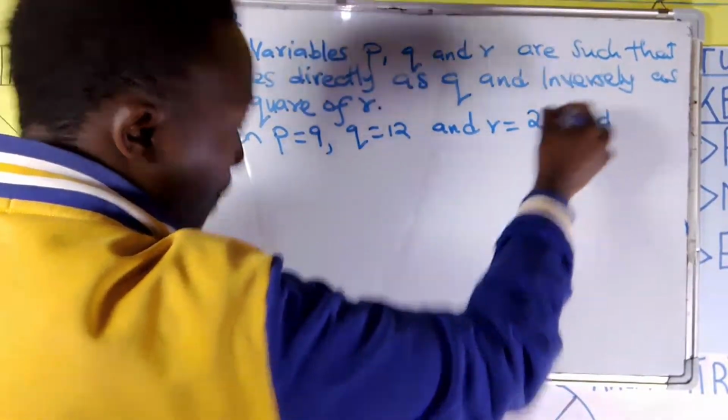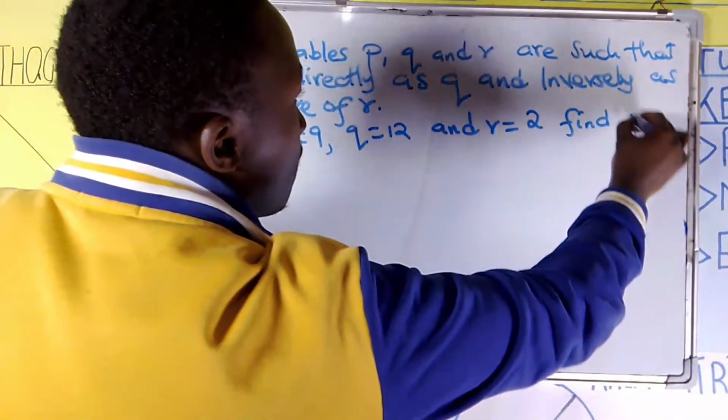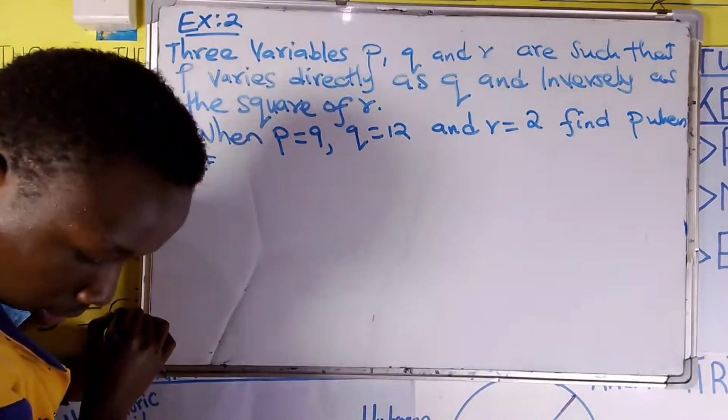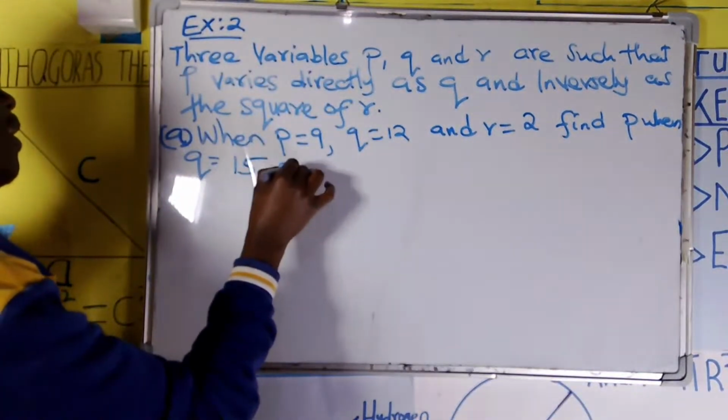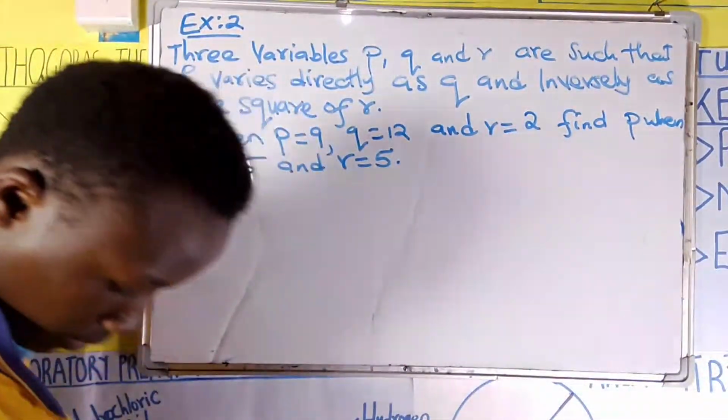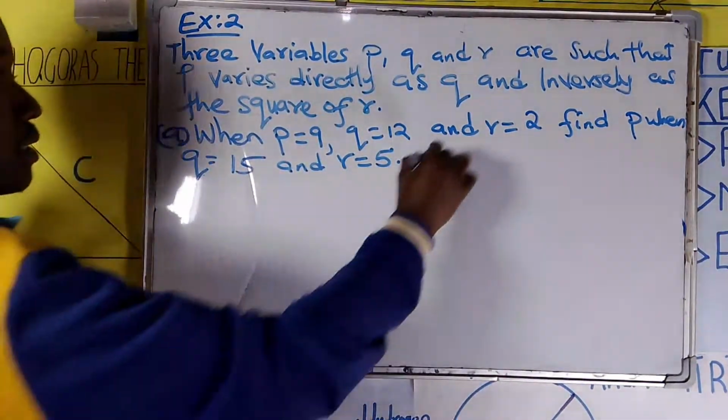Find P when Q is equal to 15 and R is equal to 5. We are told to do that format.